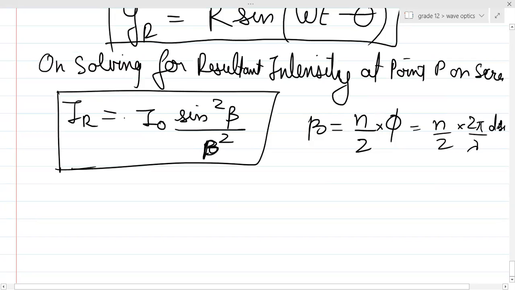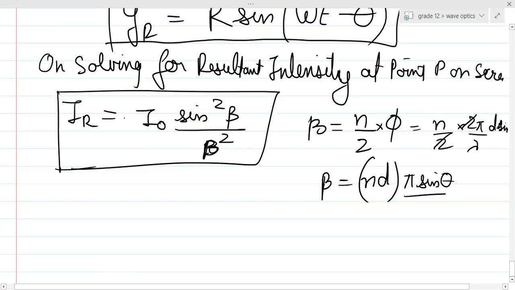Into d sin theta, and from here when you solve, 2 and 2 will get cancelled. It will become almost approximately, guys, can you see over here, from here it becomes n times d into pi into sine theta by lambda. Can you see from here beta is basically this much? Yes or no?